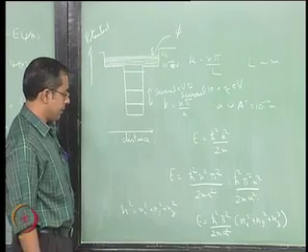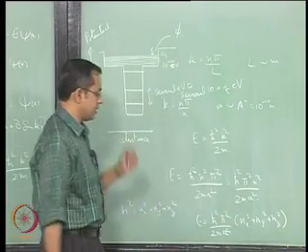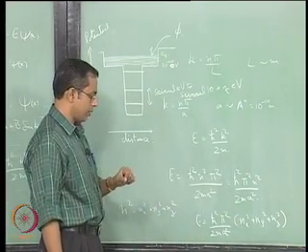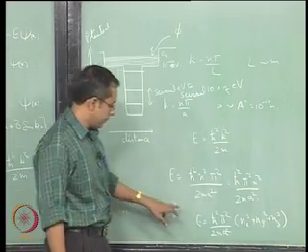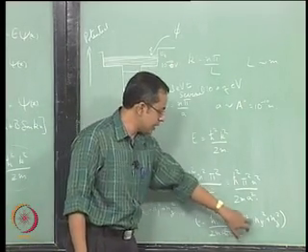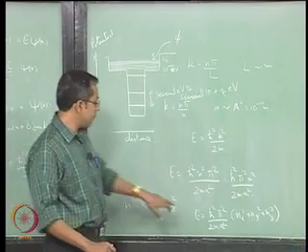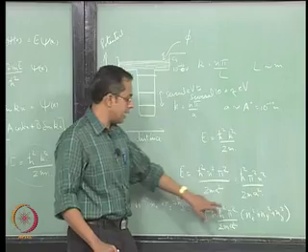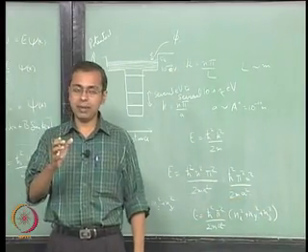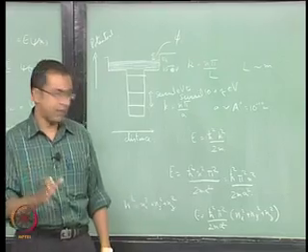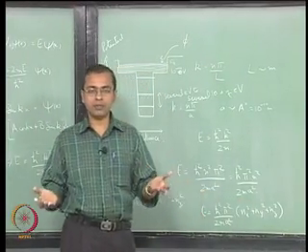Now the point I want to draw your attention to is that the way E is related to n is such that all values of n, this combination of nx, ny and nz, that result in the same amount of energy will lie on the surface of a sphere.